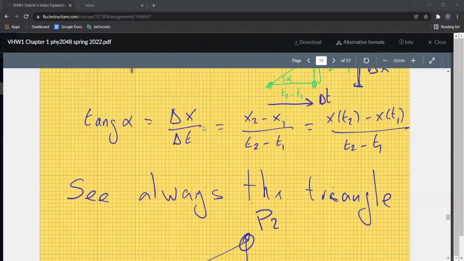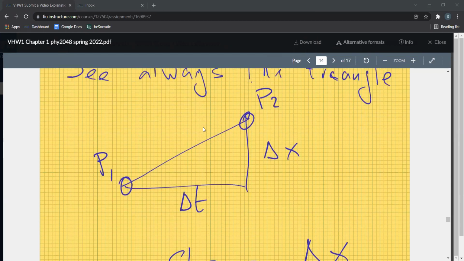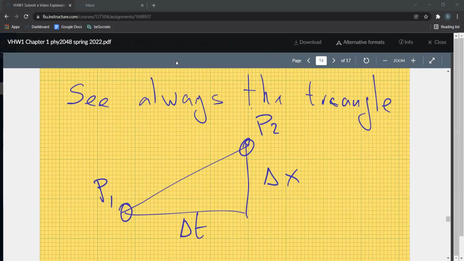You'll always see the triangle, which is slope. It explains it better here, because it'd be the tangent of this angle, right? Which tangent, if you don't know, is opposite over adjacent. So the tan of this point right here will typically give you your slope.